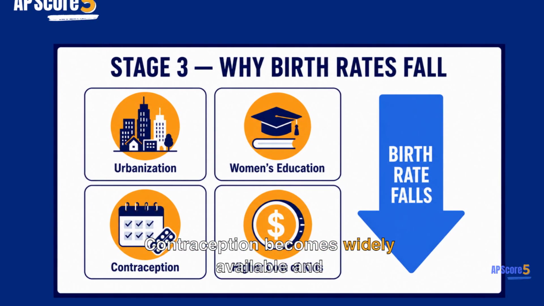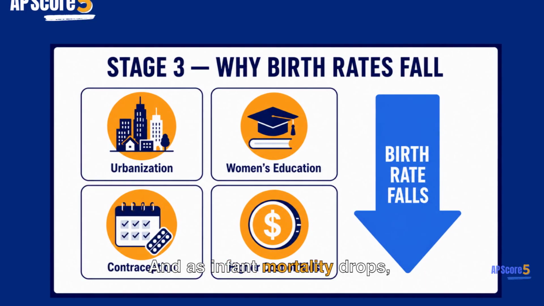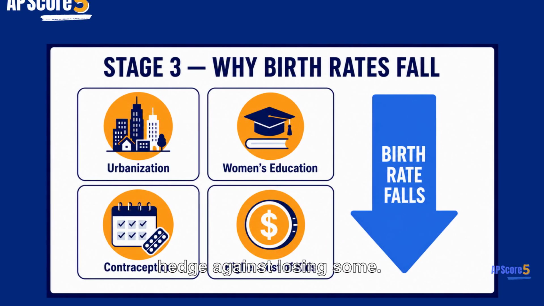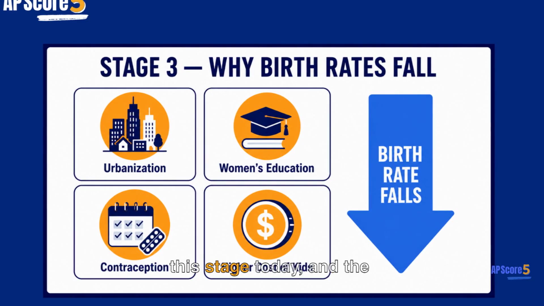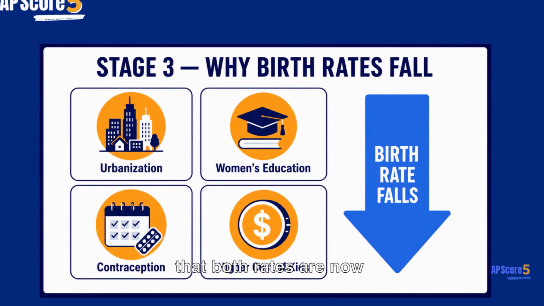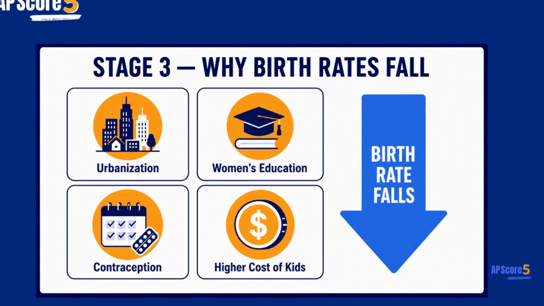Contraception becomes widely available and culturally acceptable. And as infant mortality drops, parents stop over-having children to hedge against losing some. India and Egypt sit in this stage today, and the signal on a chart is that both rates are now low, with the birth rate actively chasing the death rate downward.